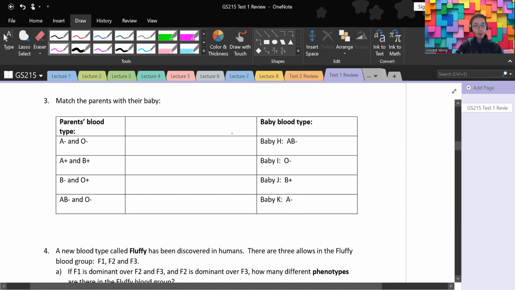Then AB negative and O negative, baby H, AB negative. And then we have A positive and B positive has a baby J, B positive. And then B negative and O positive has baby I, O negative. Okay. All right.